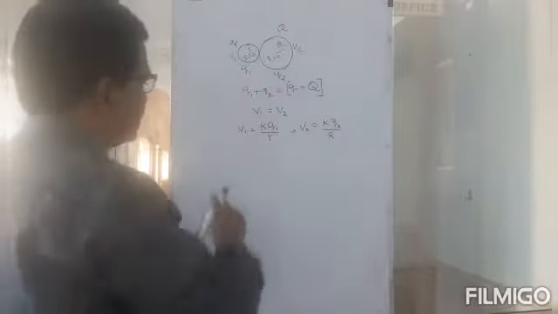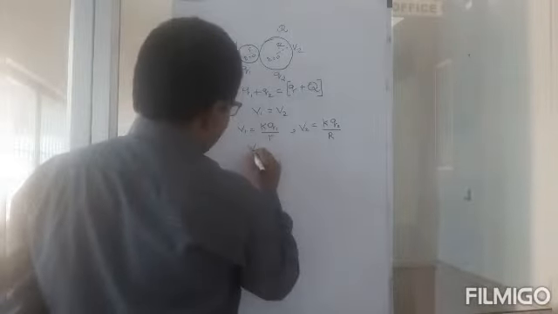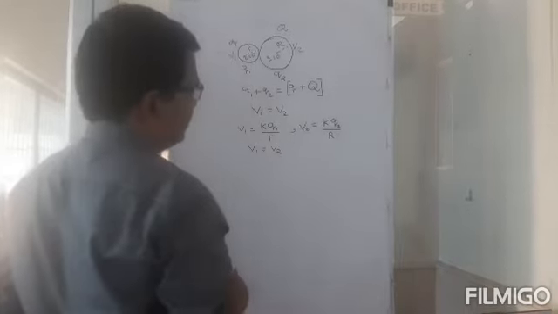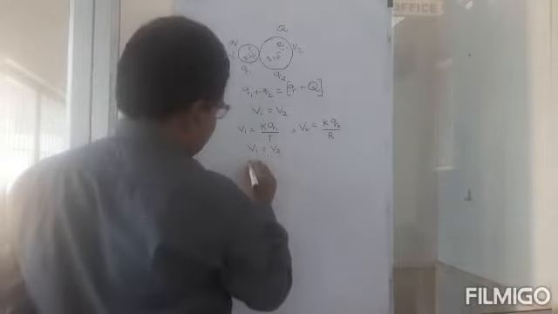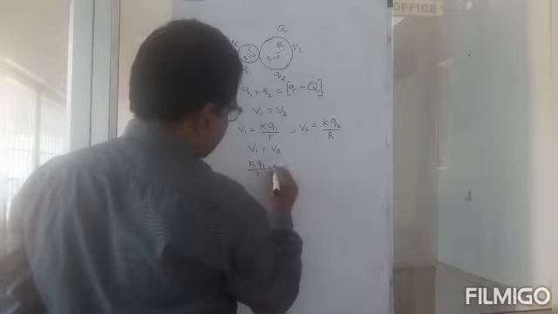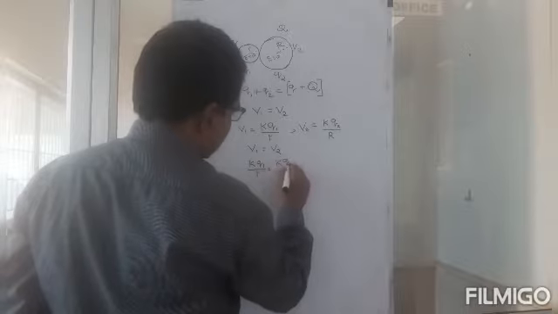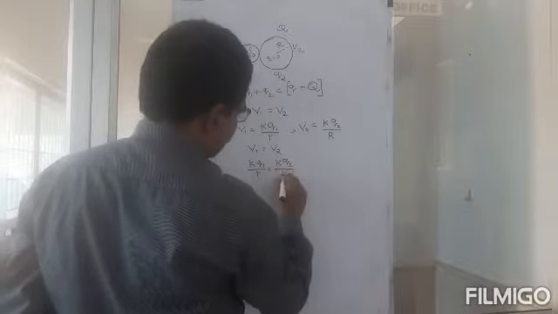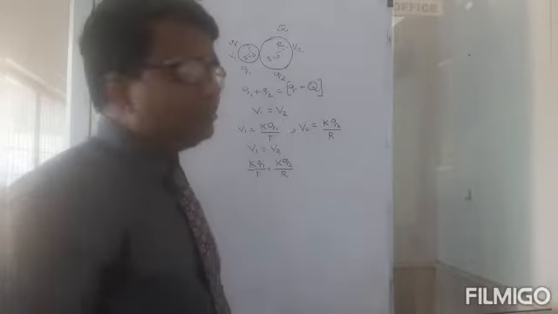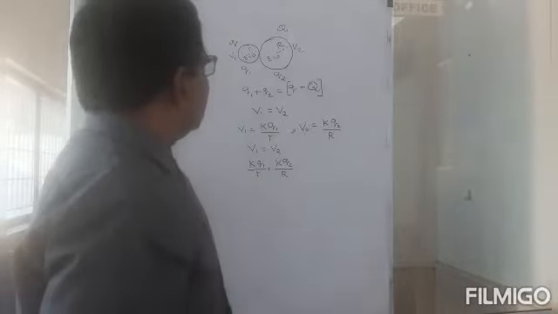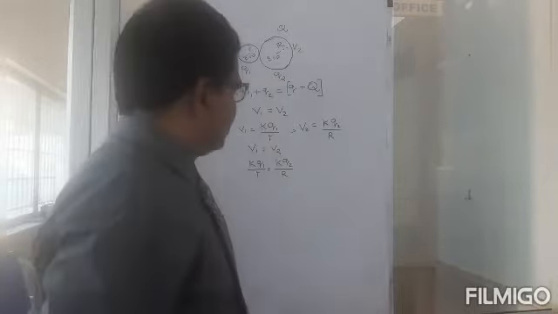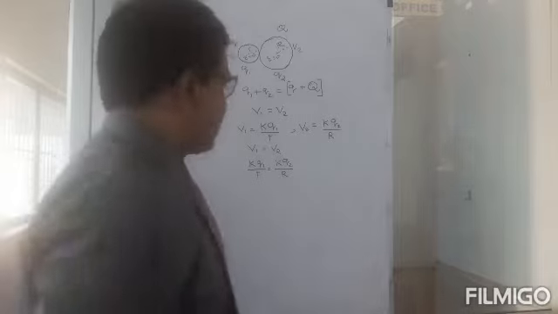And what do we know? We know that V1 is equal to V2. So K Q1 by r must be equal to K Q2 by R. So how do you do this then?